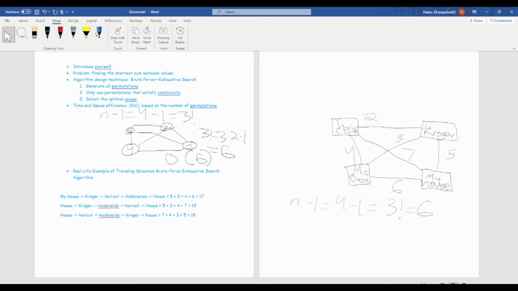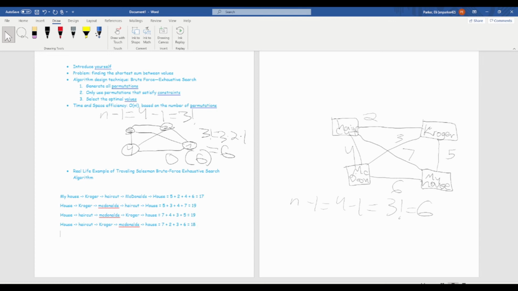And then we'll start from house, haircut, to Kroger, to McDonald's, back to my house, which is 7 plus 2 plus 3 plus 6, which is 18.